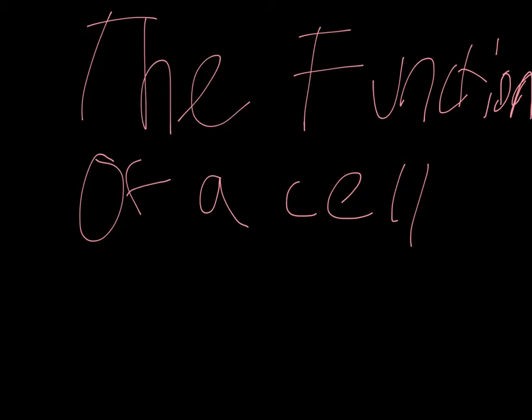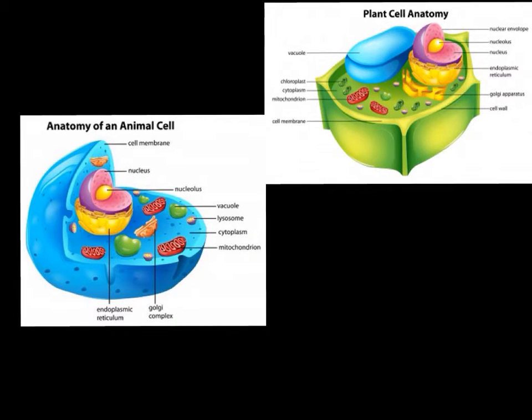Cells are like the toolboxes that keep all the necessary tools to keep an organism alive. Now, the cell membrane of an animal cell is very loose. It's very free-flowing, and without it being free-flowing, the animal couldn't move.